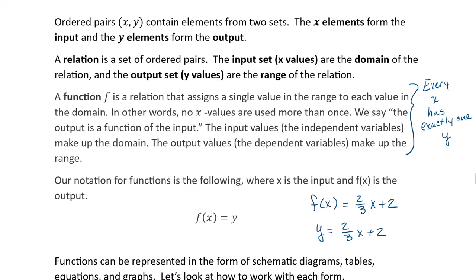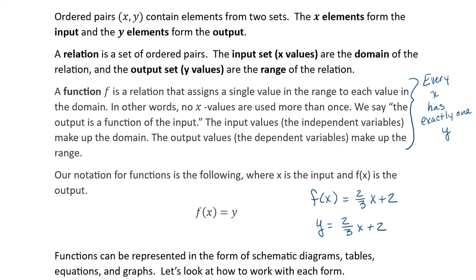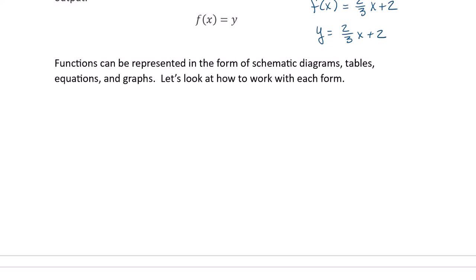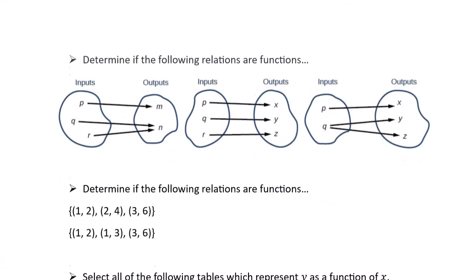There are many reasons for function notation, but it is a really nice, efficient way to show inputs and outputs and to be able to route you to different formulas as you're working through different problems. So we'll get used to that notation as we work through functions. Now, functions can be represented in the form of schematic diagrams, tables, equations, and graphs. So let's look at how to work with each of these forms.